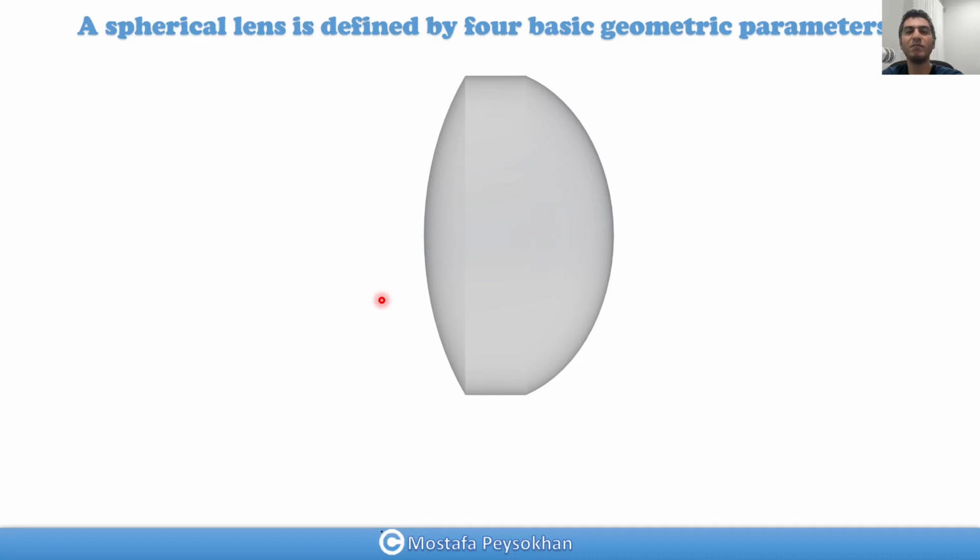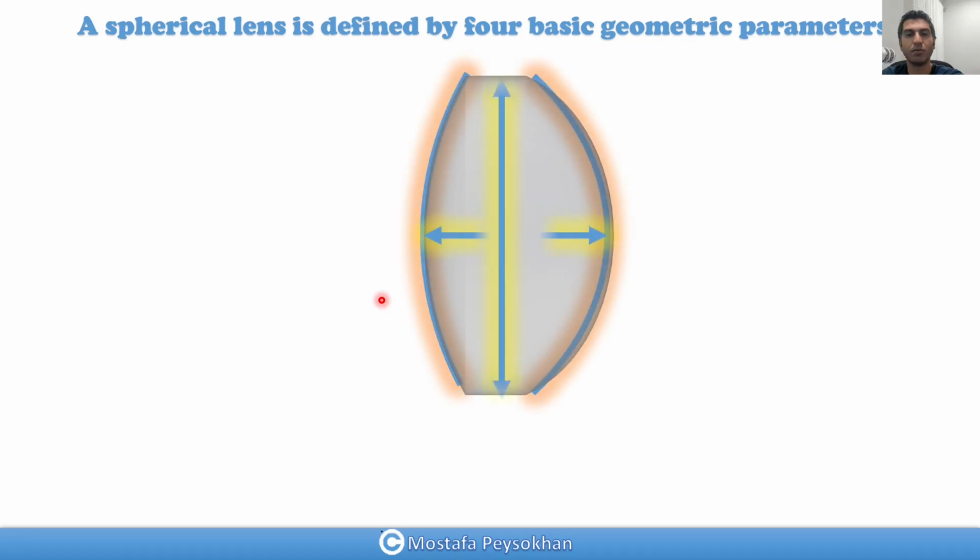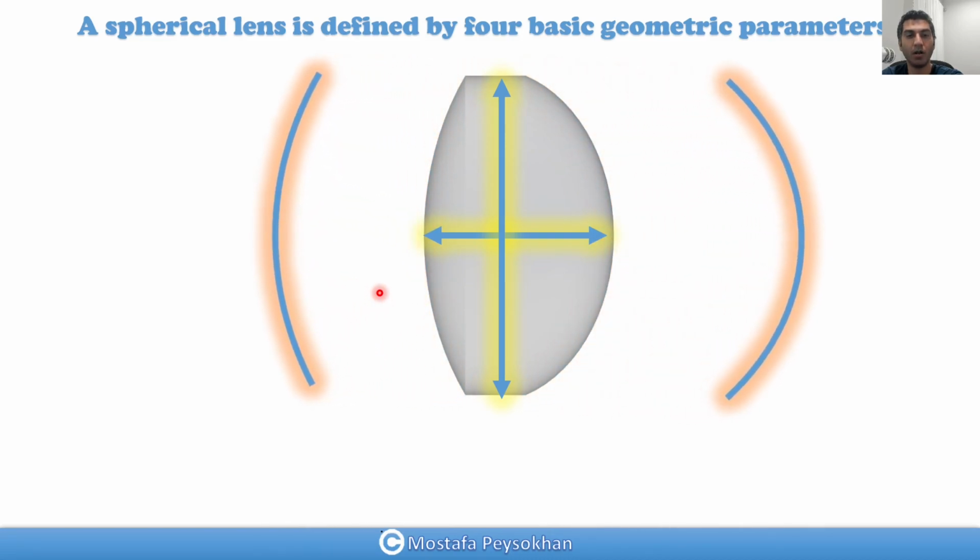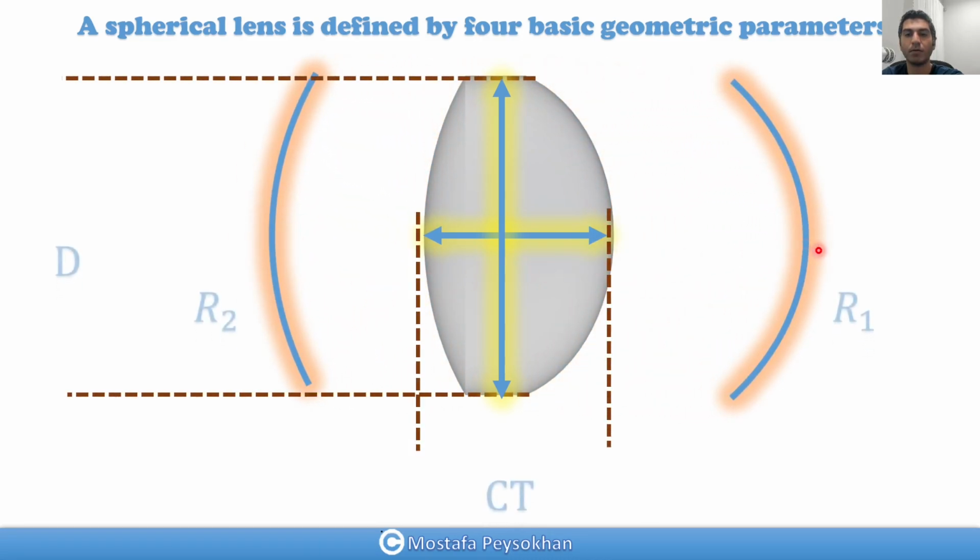But for a very, very simple optical lens element, we only need 4 basic geometric parameters: radius of curvature R1, radius of curvature R2, CT, which we call center thickness, from here to there, and the diameter of the lens. So by defining these 4 parameters, we can define a basic geometrical lens element.